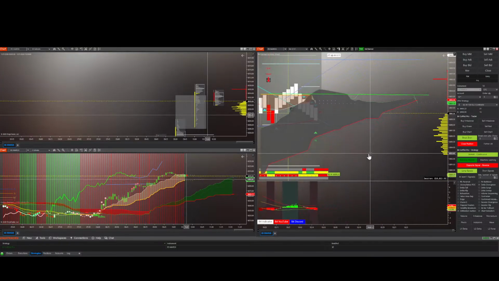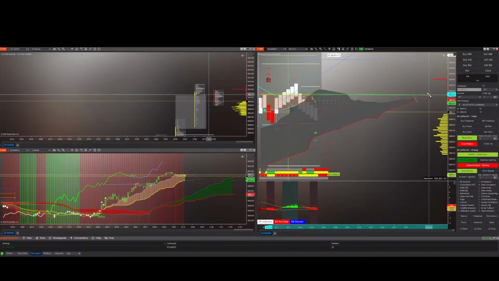So if we can close above that line, I'm looking for a long position, basically.